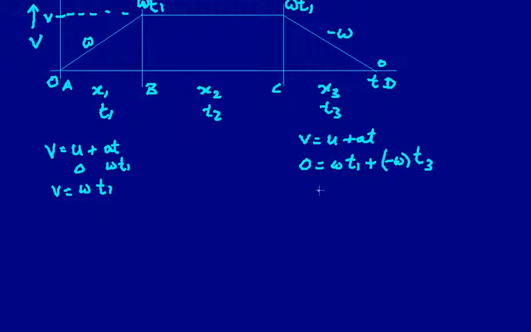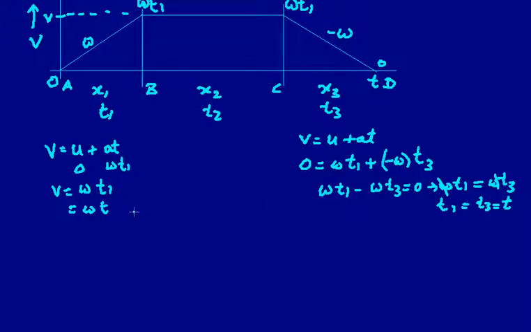Solving this equation, we get omega t1 minus omega t3 equal to 0, which is omega t1 equal to omega t3. Cancelling both, we get t1 equal to t3. For the time being, let us call this equal to t. So the velocity omega t1 becomes omega t.